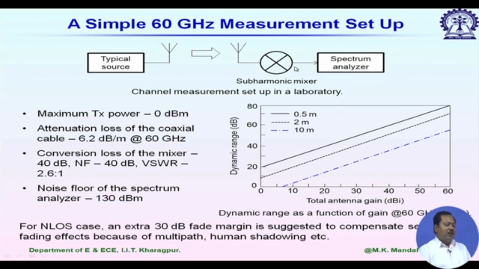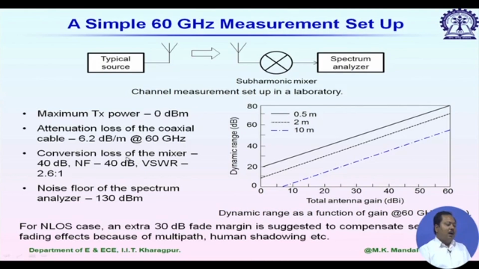This change in frequency gives what we call the conversion loss of the mixer, which is 40 dB. So, the RF power available is 40 dB down compared to the millimeter wave power at the left hand side. This is a typical value for a passive subharmonic mixer.